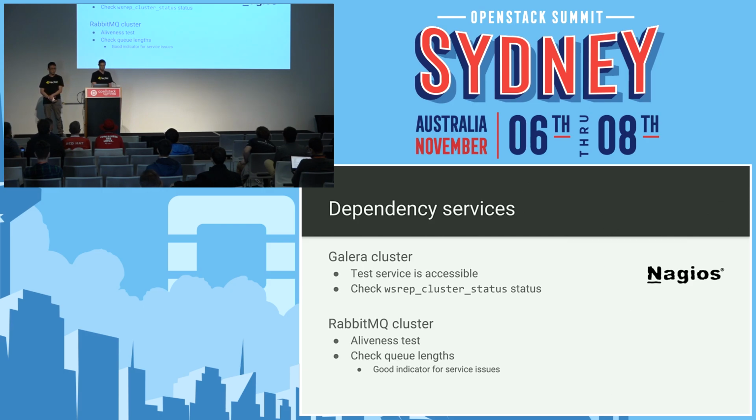So RabbitMQ as well, we have a couple of tests. One just tests that the service is up and operating correctly. And we also have another test. It's a custom test that we've written, which connects to Rabbit. It'll check the length of the queues as well. We found that particularly for running cells v1, if there's an issue there, maybe a network issue between one of the sites, quite often we can have a Rabbit queue grow in length quite quickly.